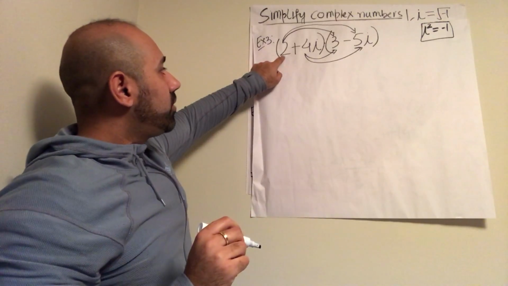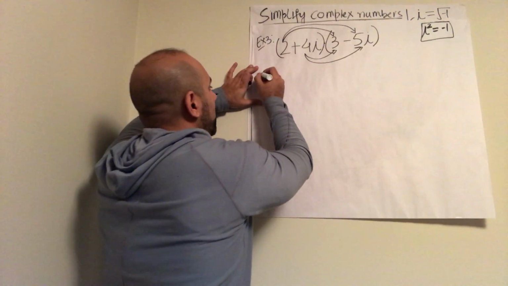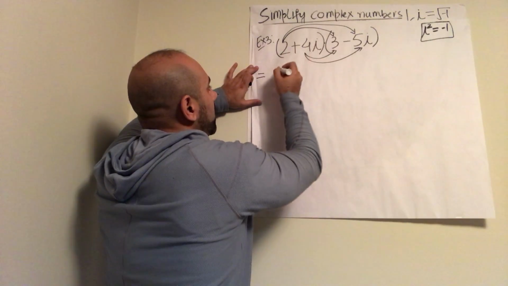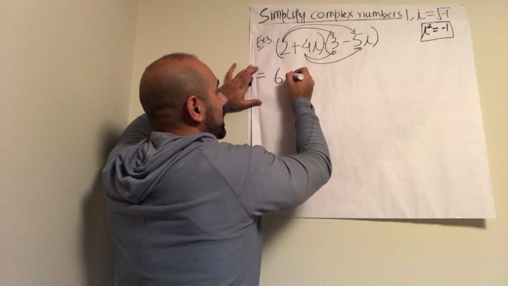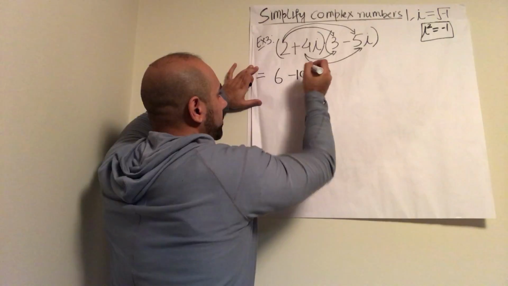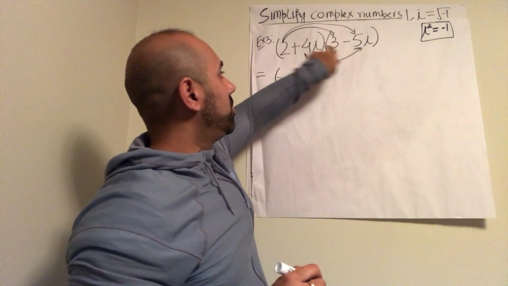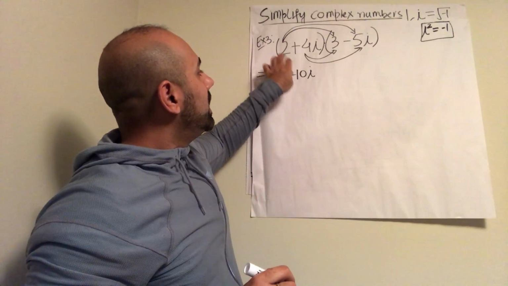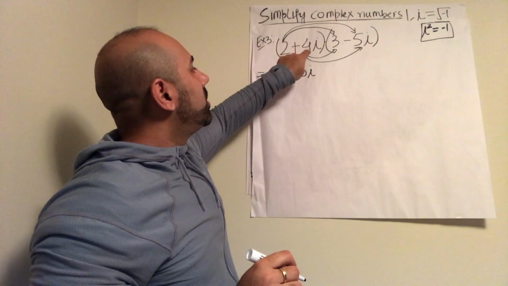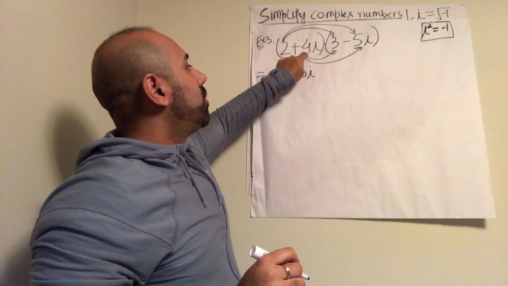Starting from this 2, 2 times 3 is 6. Then we have 2 times -5i, which is -10i. Please be careful with the negatives, because 2 times -5 is -10. That takes care of the 2. Now moving on to the second quantity, 4i.